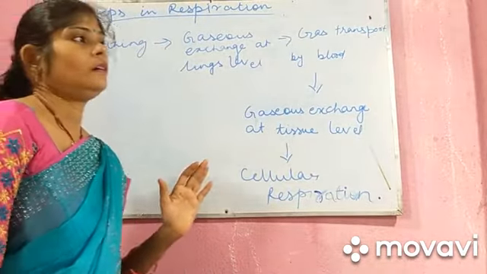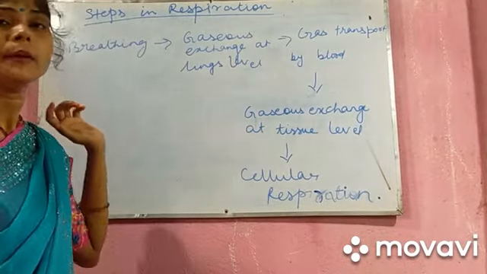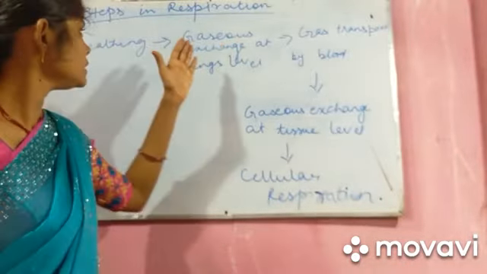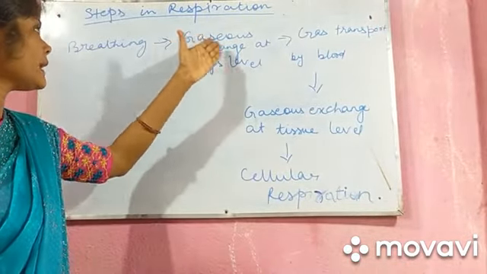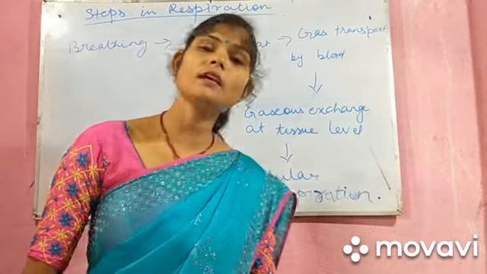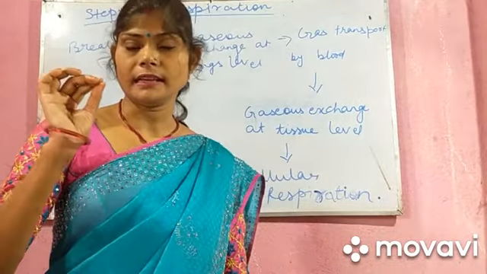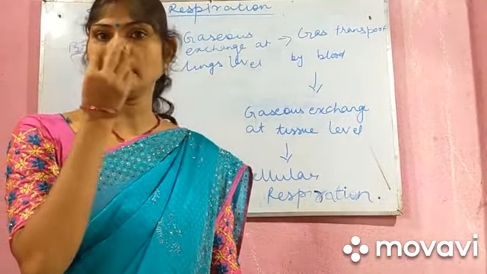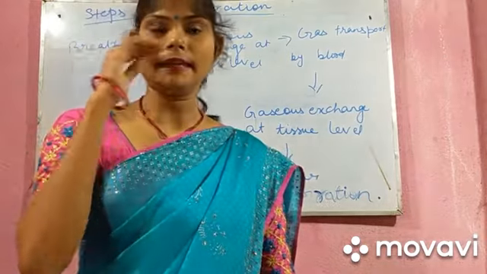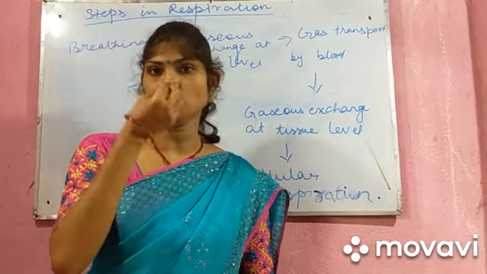In respiration, the first step is breathing. Breathing means exchange of gases. The second step is gaseous exchange at the lungs level. Understand this very properly. This is the nasal chamber, and as I told you, there is a palate which is a barrier between the buccal part, the mouth part, and the nose part.